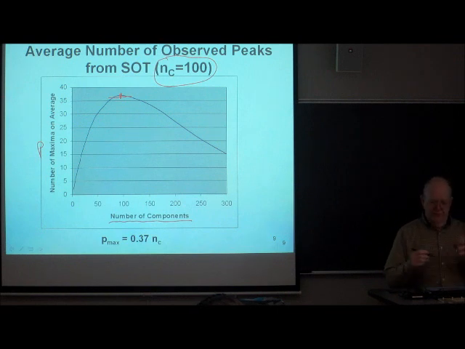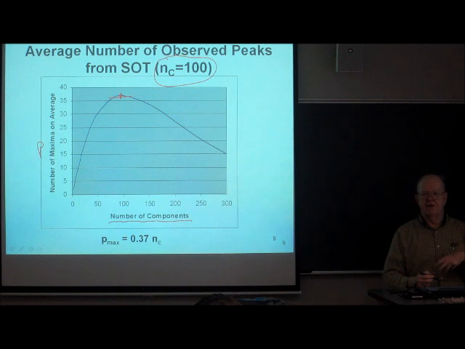This is the best you can do. Think about it this way. Suppose you have 100 units of peak capacity and you inject a single component mixture. There's only one substance. You're bound to get a pure peak. If you inject two compounds, you have 100 units of peak capacity, you have a pretty good chance of getting two pure peaks.